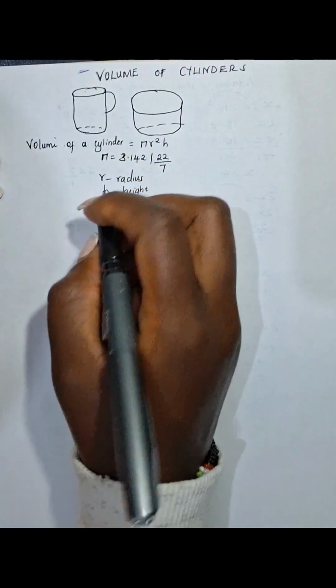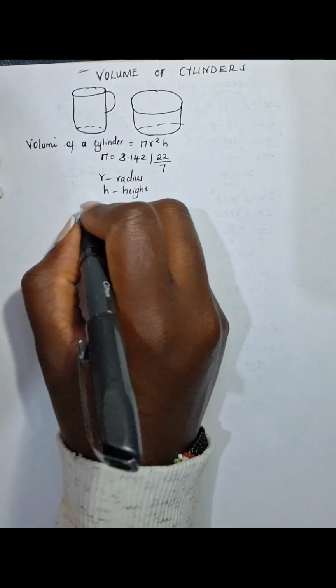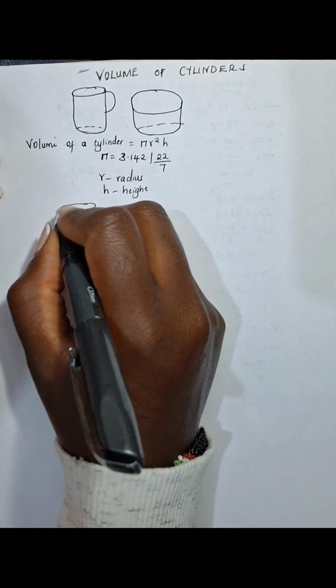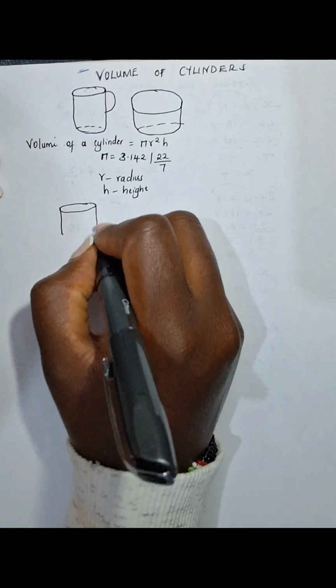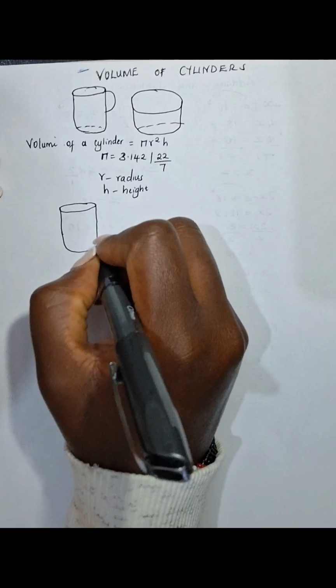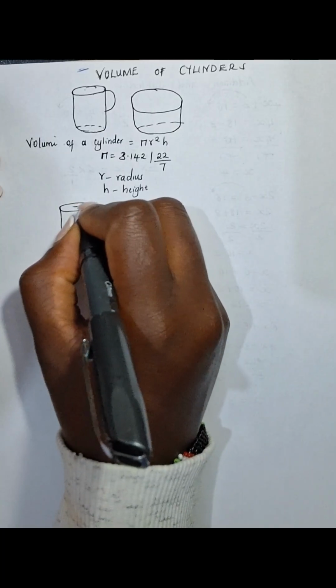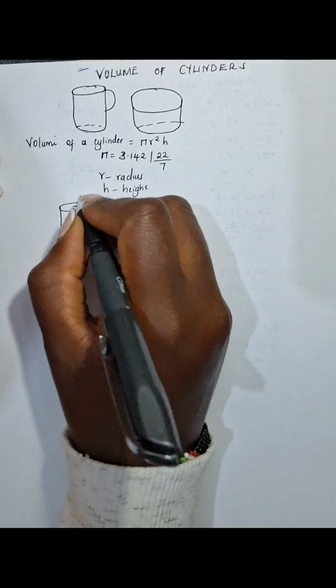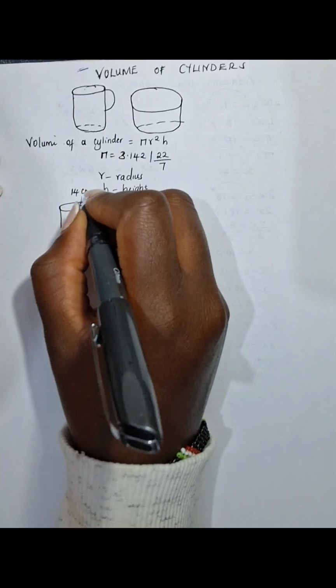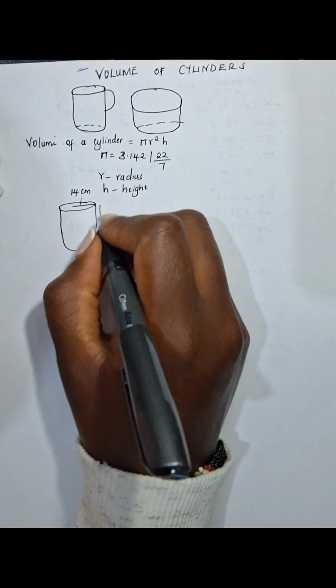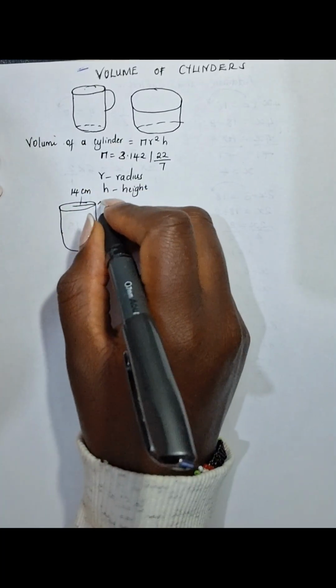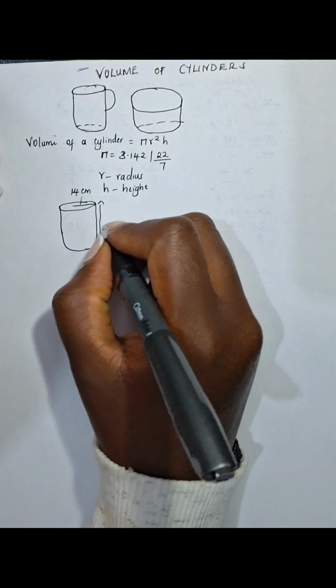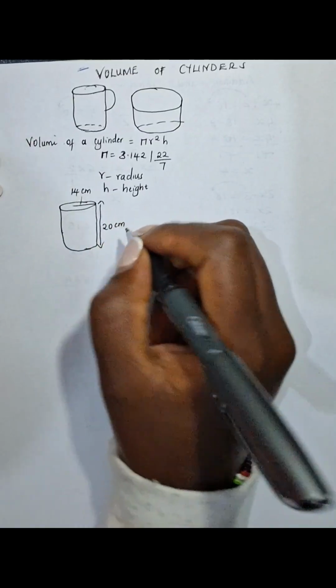Okay, so for instance, assume you have this cylinder here. It looks like this. You have the radius as 14 centimeters and you have the height as 20 centimeters.